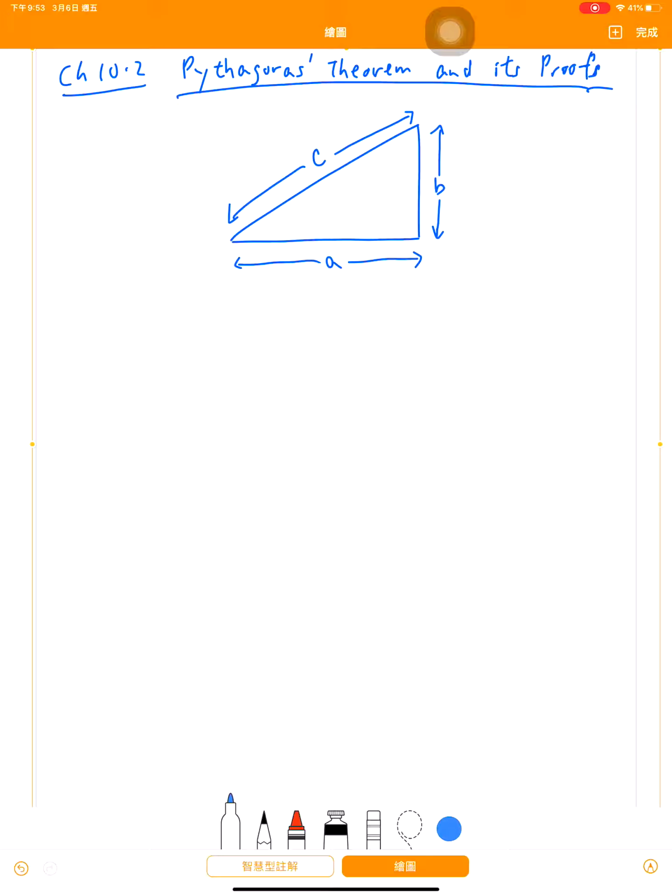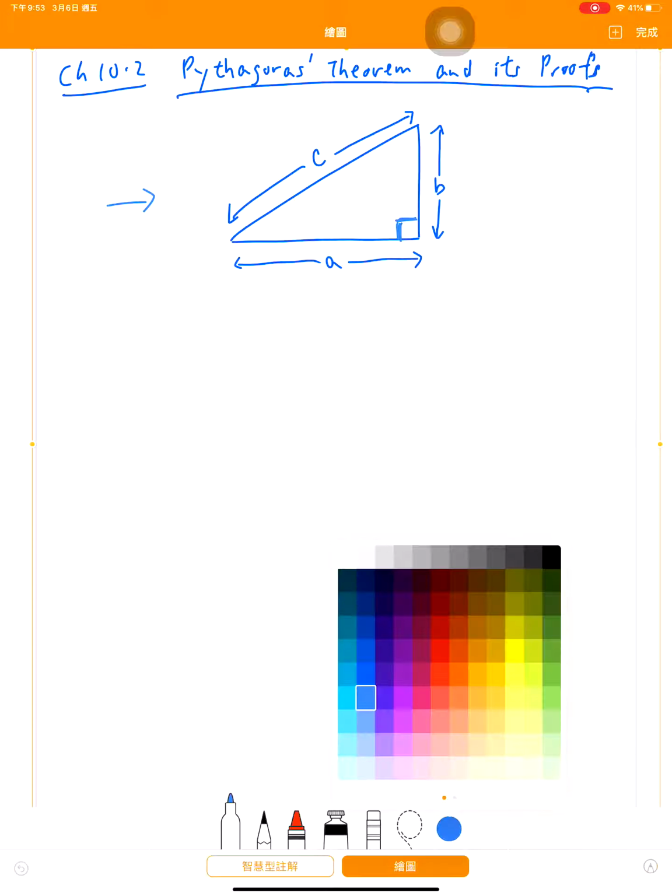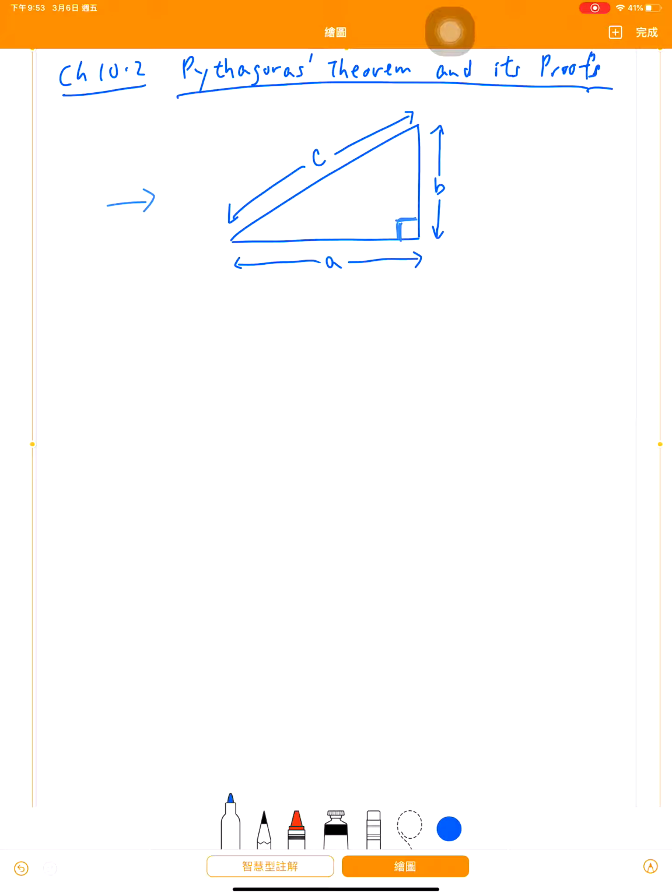So what does it tell? I'm going to show you. If there is a triangle, and there is a right angle here, that means if there is a right angle triangle, then we can have the Pythagoras theorem. For example, I let the lengths be A, B, and C. And for the C, it is a special line that is called hypotenuse.